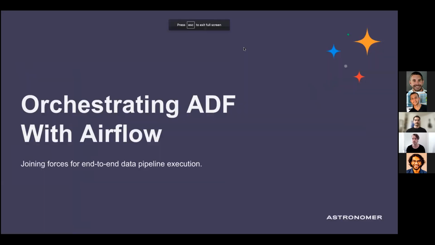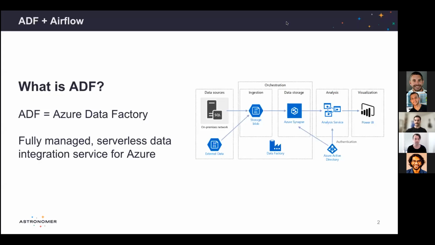Okay. So today we're going to be talking about orchestrating ADF and Airflow, what these two are doing together. So let's talk real quick about what ADF is. We're going to assume everyone here has an understanding of what Airflow is. A lot of you have been using it for quite some time already, but not everyone here necessarily knows what Azure Data Factory is.